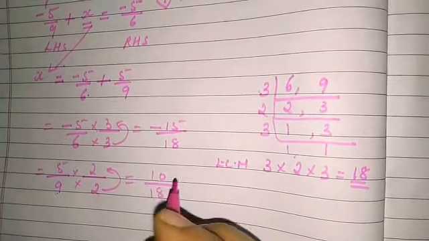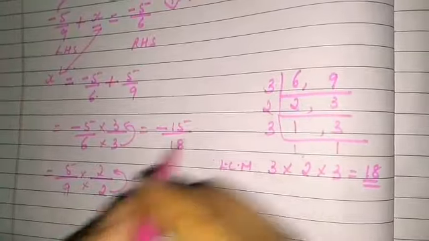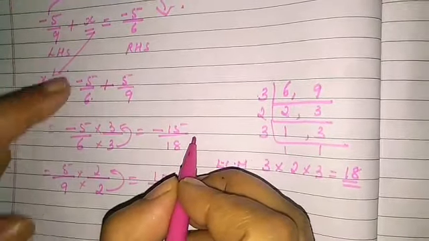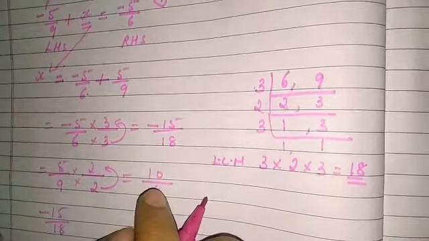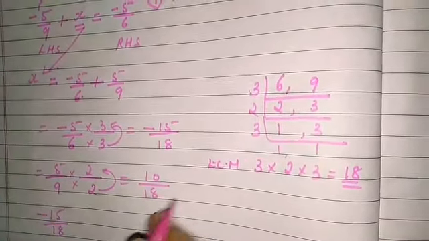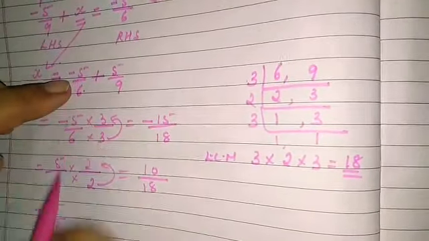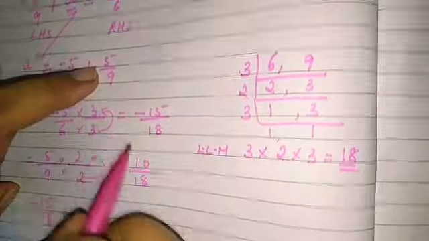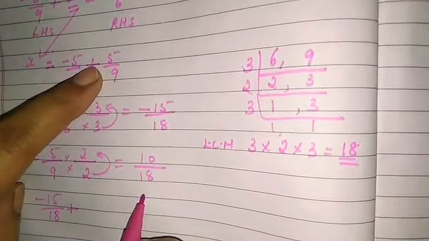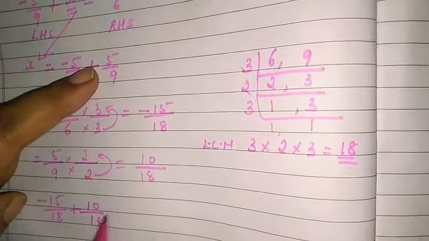Now let's go ahead and find out the value of x. This is the answer of the first rational number, that is minus 15 by 18, and this is the answer of the second rational number. So it's plus, for 5 by 9 it is 10 by 18.